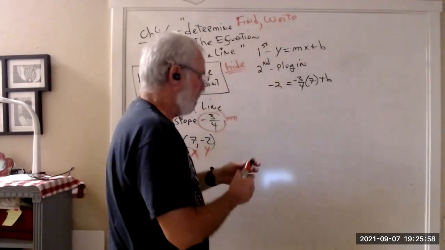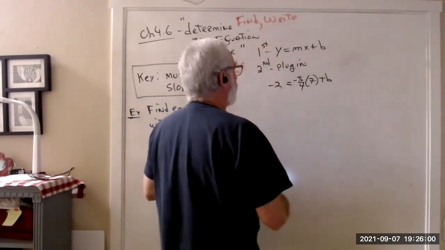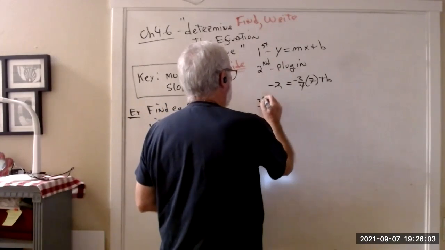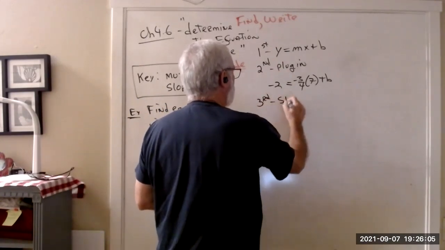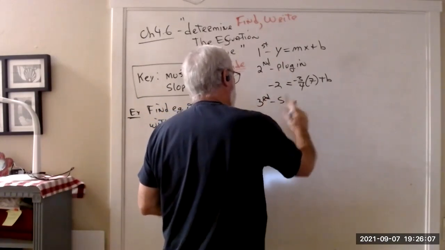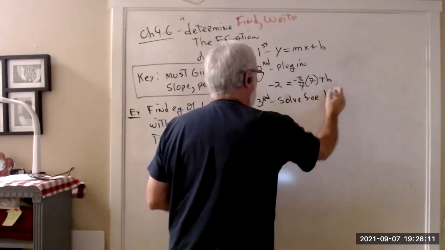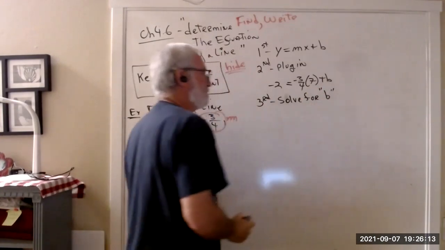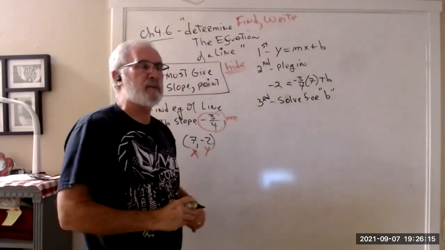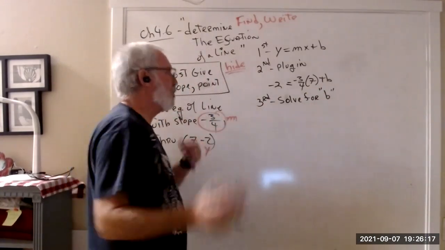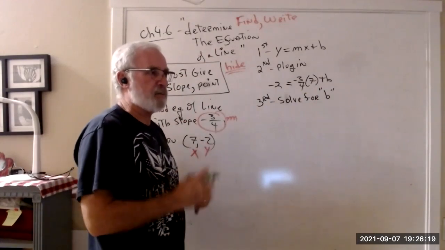Okay, now at this point, the third step is we're going to solve for b. That means get b alone. Do whatever arithmetic it takes to get b alone.